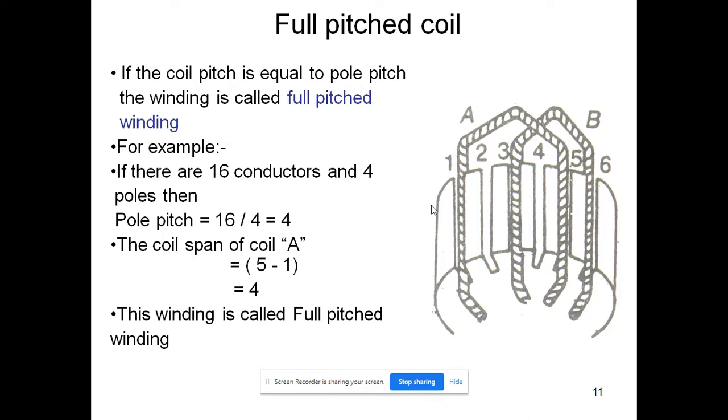From the definition we can say that the coil pitch is equal to the pole pitch. Here the coil pitch is 4 and the pole pitch is also 4. So this winding is called full pitched winding. I think now you are clear about the full pitched coil.